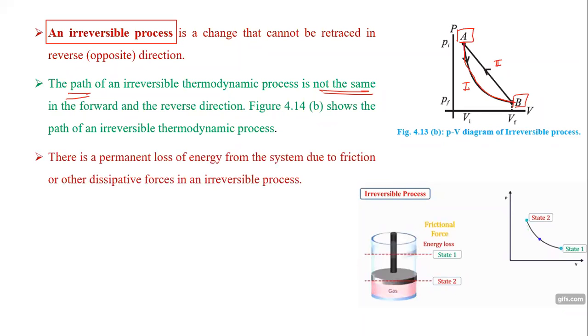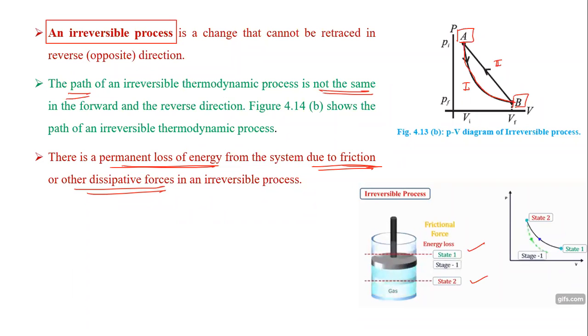Why is the path not the same? Because some permanent loss of energy from the system is there due to friction. Some energy is lost due to friction or other dissipative forces. You can see the diagram here. From state 1 to state 2 we displace the piston, but when it comes back it is not able to reach state 1 immediately.